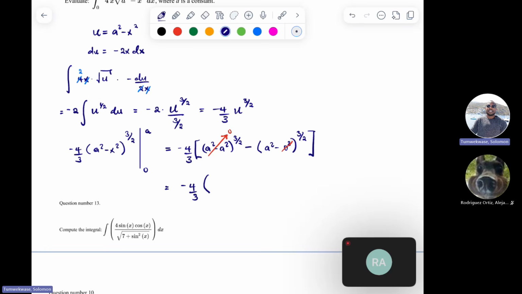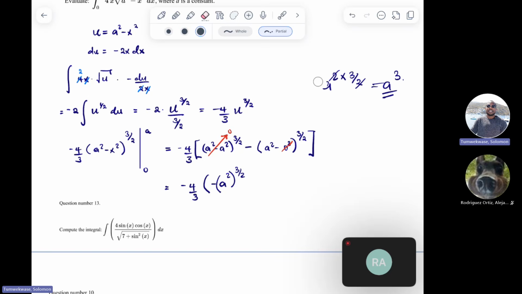So I have minus a squared, then to the power 3 over 2. Now, a squared to the power 3 over 2, I can multiply those two powers together and the 2 will go. So I'll just remain with a cubed. I hope you see that.